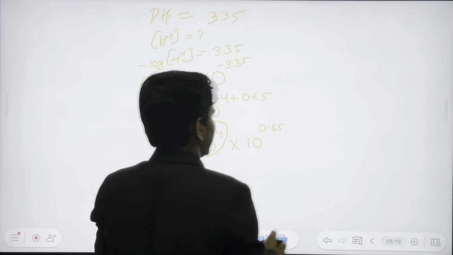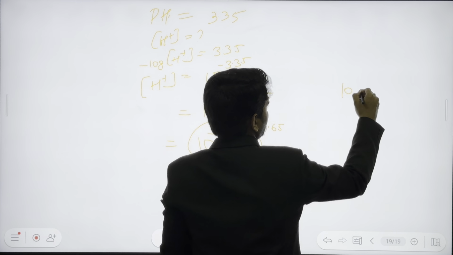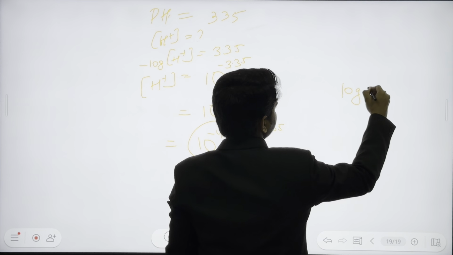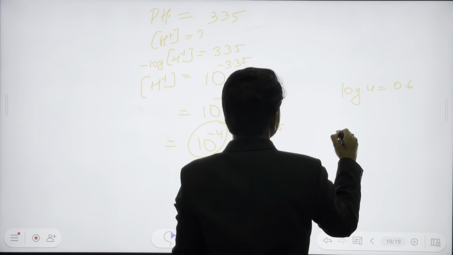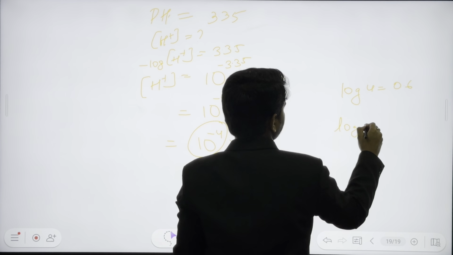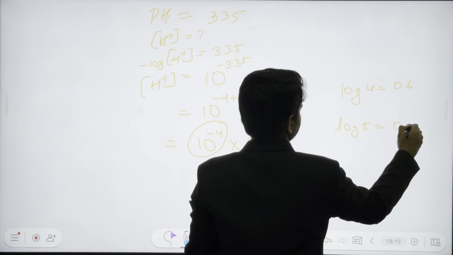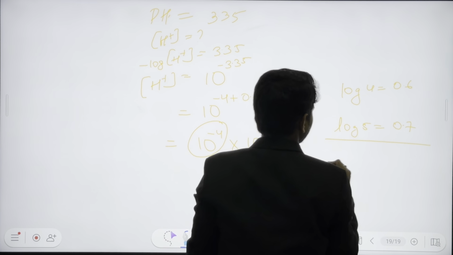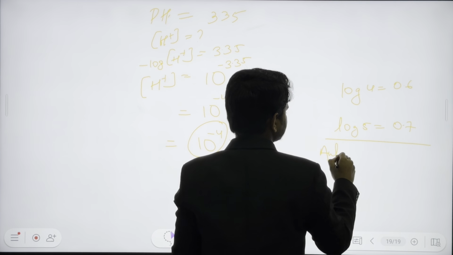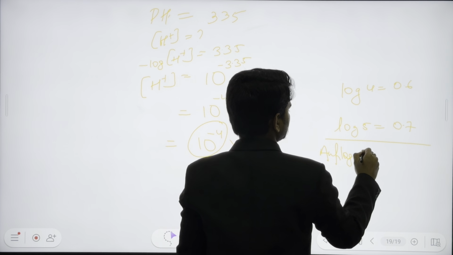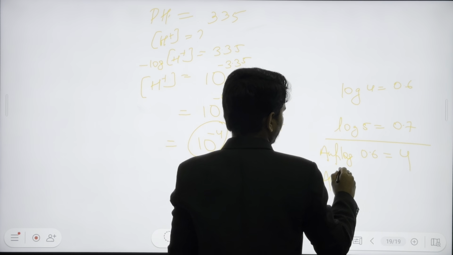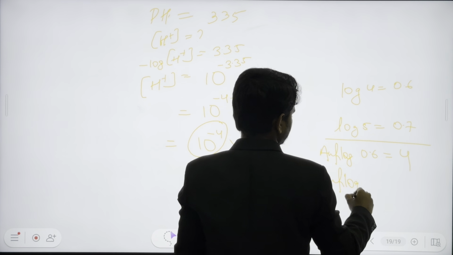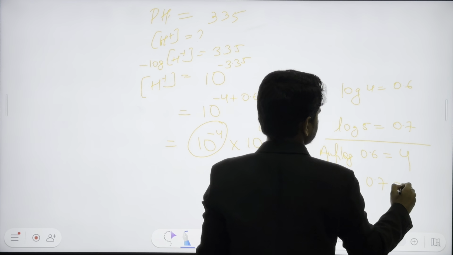So 10 to the power 0.65, we have to figure out what value we can give to that. For that, we have to remember one thing. What was the value of log 4? Log 4 was 0.6. What was the value of log 5? Log 5 was 0.7. So we can say that anti-log 0.6 was 4 and anti-log 0.7 was 5.